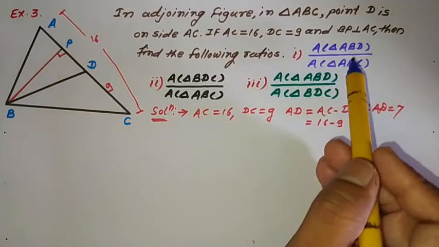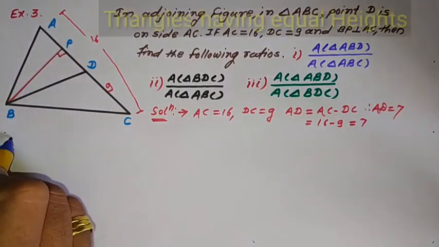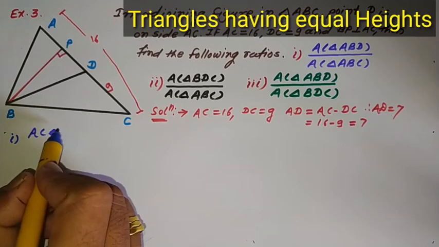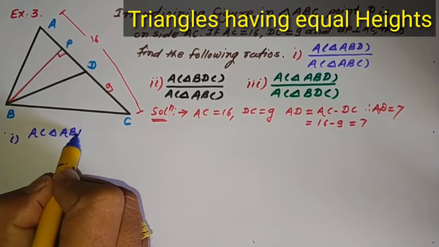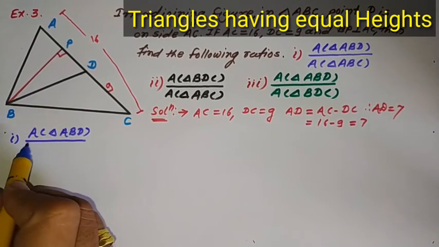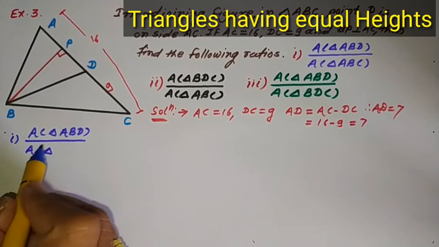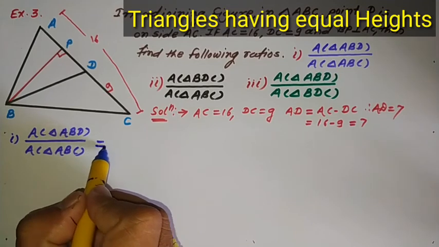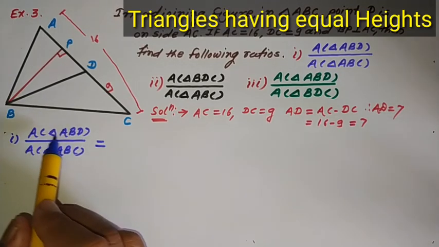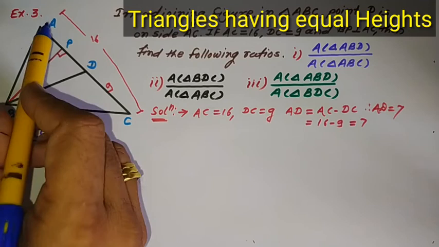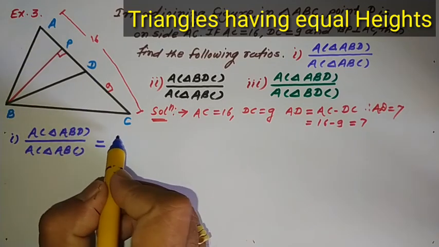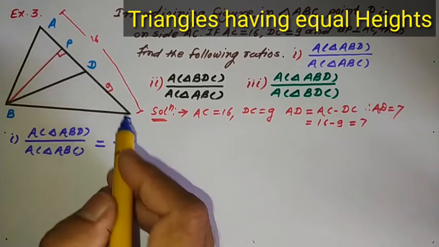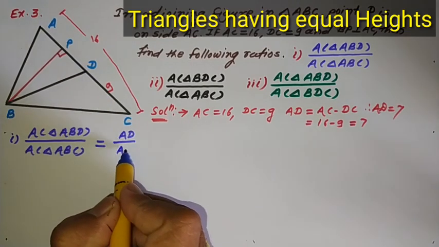First ratio: area of triangle ABD upon area of triangle ABC. Equal heights. Write down the bases of these two triangles. The base of triangle ABD is AD, and the base of triangle ABC is AC.